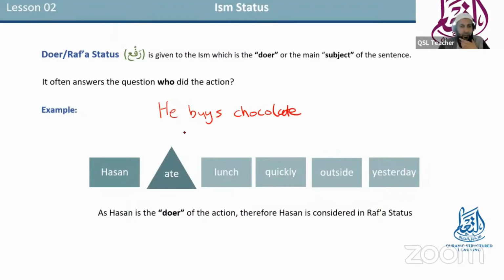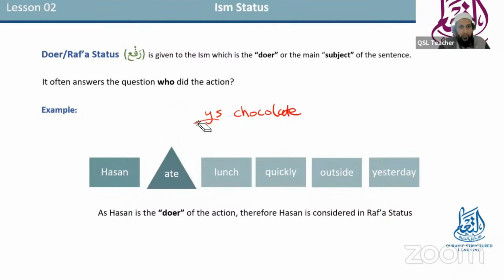He buys chocolate. What's the action word in this sentence? It will be buys, because someone is doing the buying. So say that's the fi'l. But this lesson is all about trying to find the rafa', the doer. So who's doing the buying in this sentence? Clearly it's he. So therefore he is the rafa'.